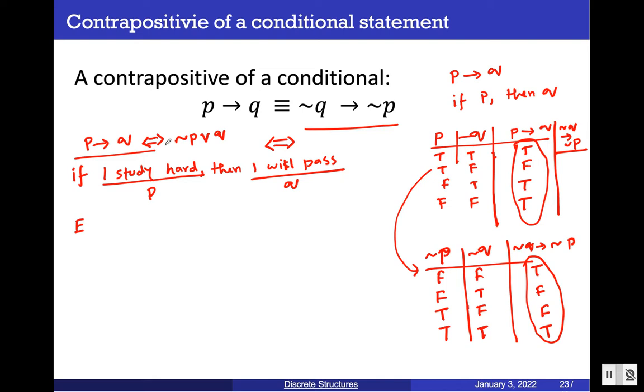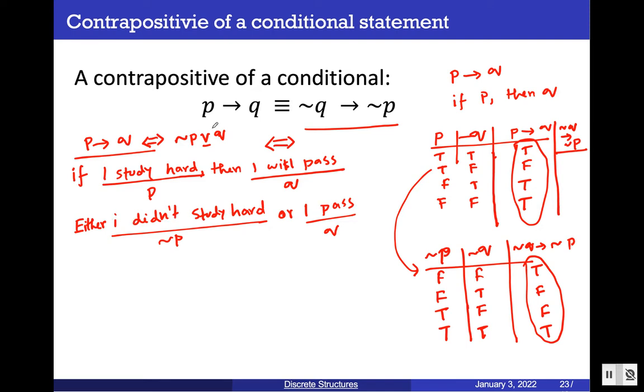We write not P, okay, or Q. So I didn't study hard. That's my not P. Okay, I pass. That's my Q. All right, and now let's connect them using or. So that means either I didn't study hard or I pass.